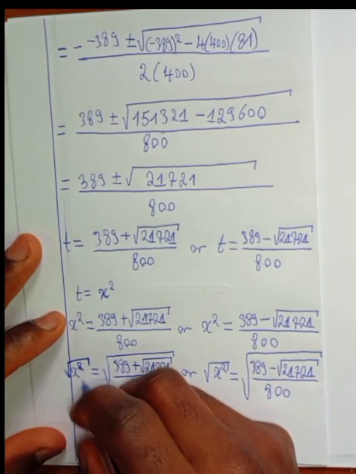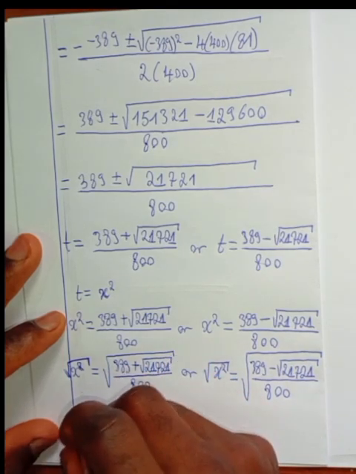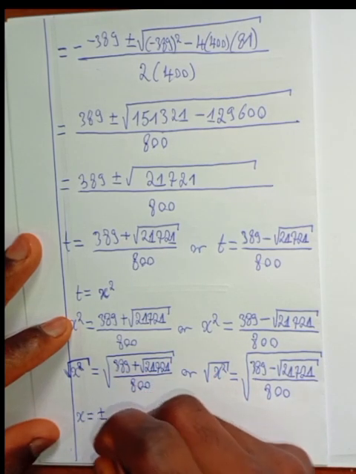We know this will give us the magnitude of x. That means a plus or minus sign will appear here. This will give us x to be equal to plus or minus.